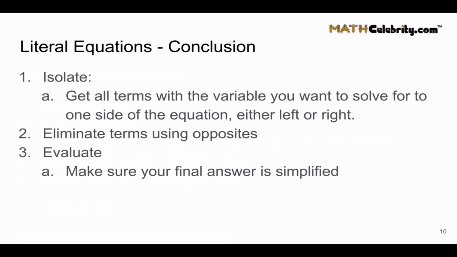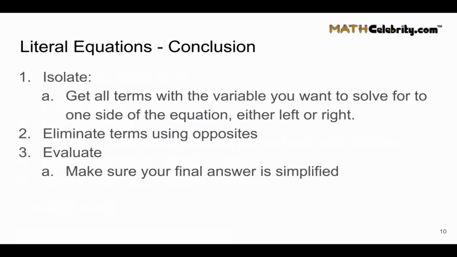So in conclusion, there's a little three-letter word I like to use, I.E.E. Isolate, eliminate, and evaluate. So isolate you learned in all the prior problems. You want to get all the terms containing the variable you want to solve for to one side of the equation, either the left or the right, whatever's easier for you.